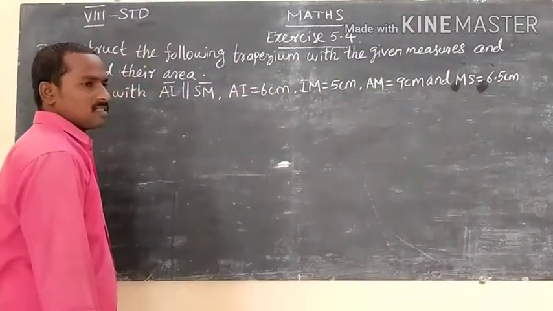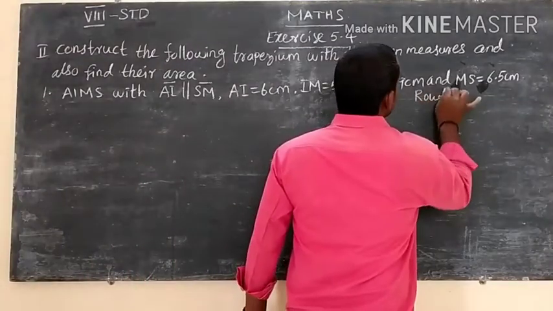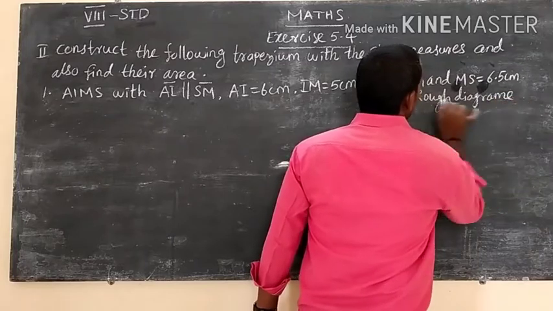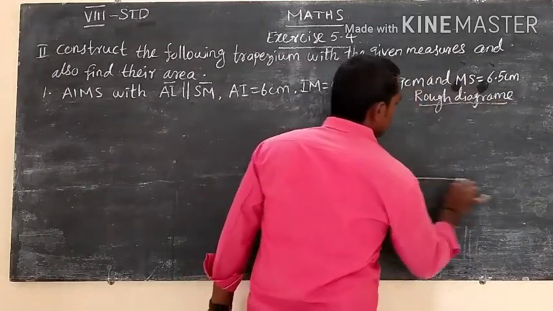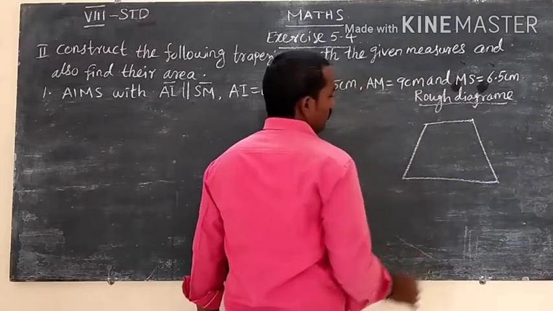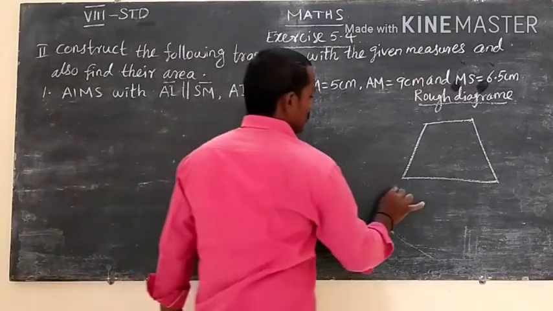First draw the rough diagram. The rough diagram is the shape of a trapezium, namely AIMS.